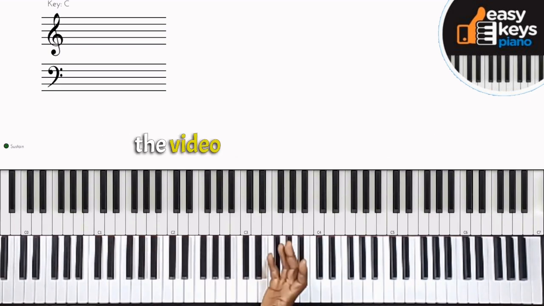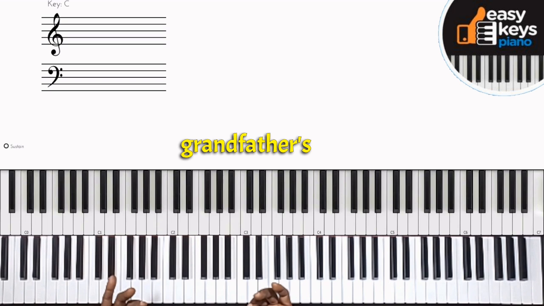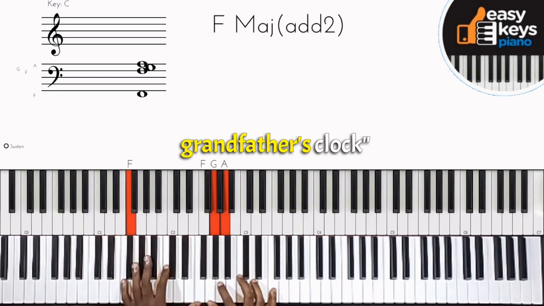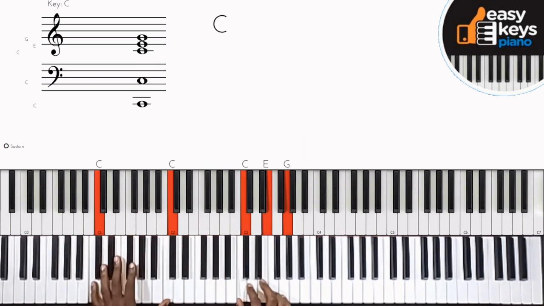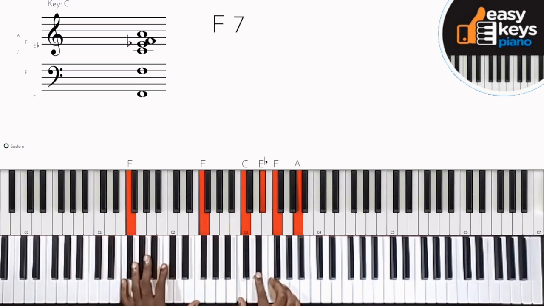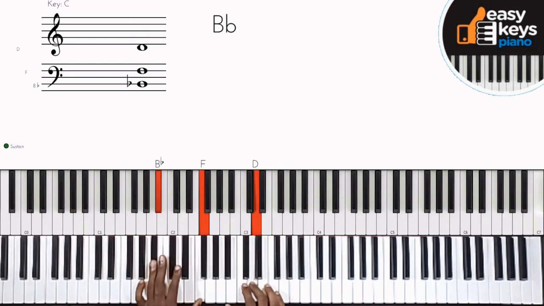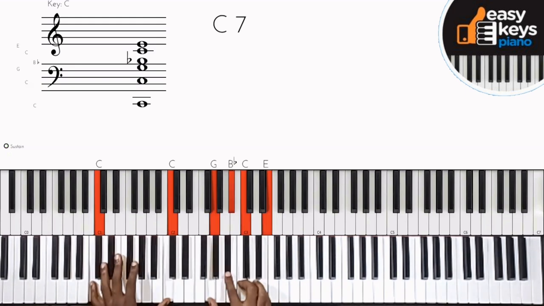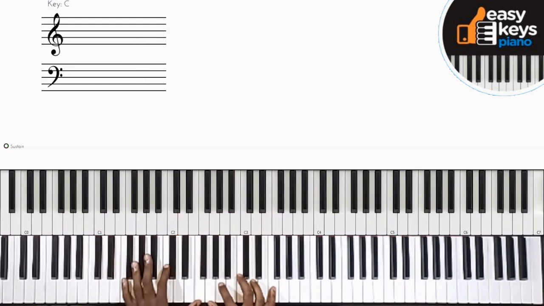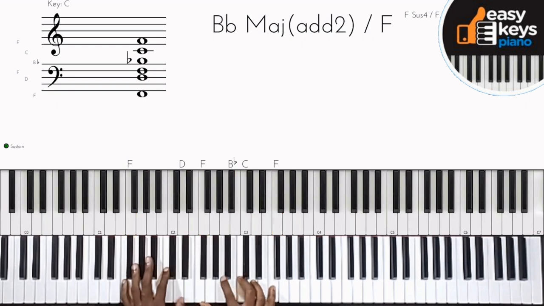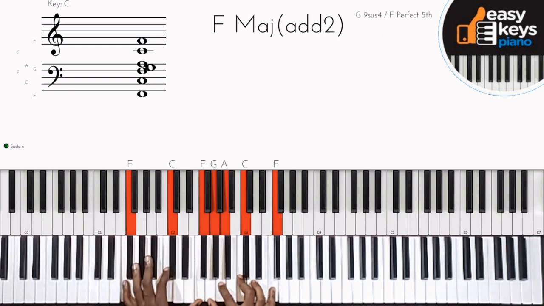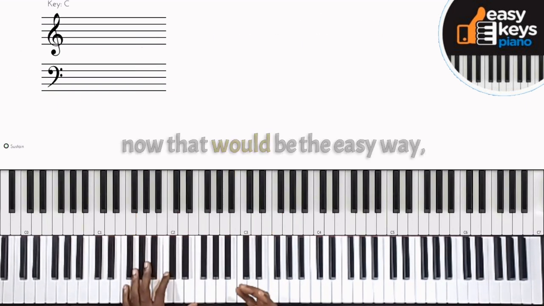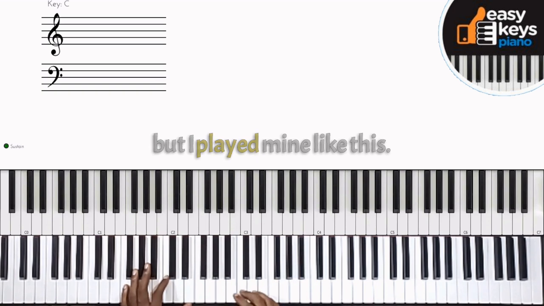Now at the beginning of the video, you saw me play My Grandfather's Clock. "My grandfather's clock was too high for the shelf, so it lay 90 years on the floor." Okay, now that would be the easy way, but I played mine like this.